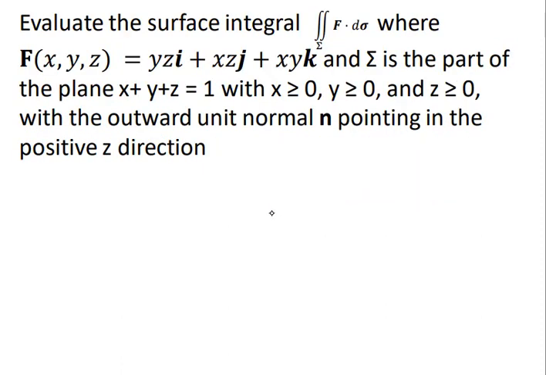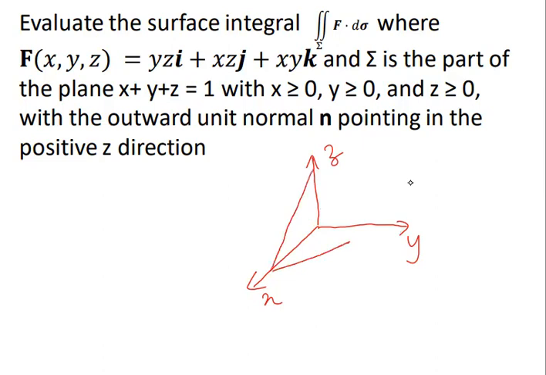So let's draw a small diagram. The plane is x plus y plus z equals 1, and x is non-negative, and y and z also. So we have to consider the first octant.